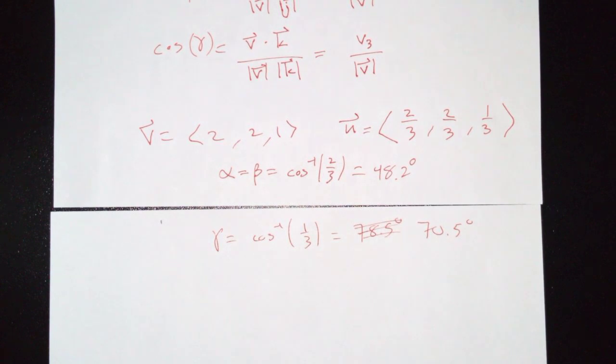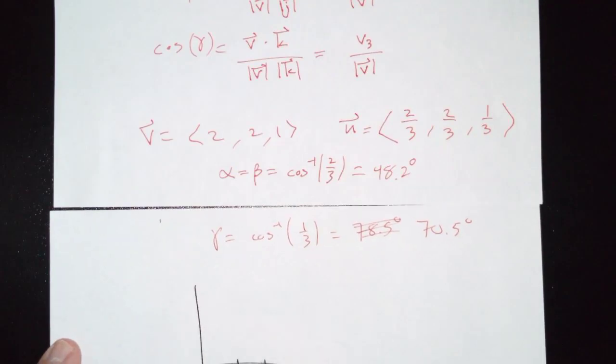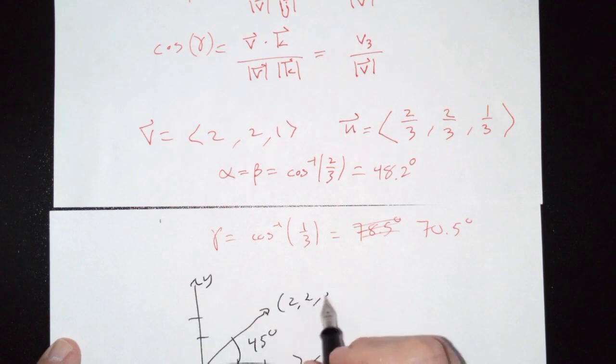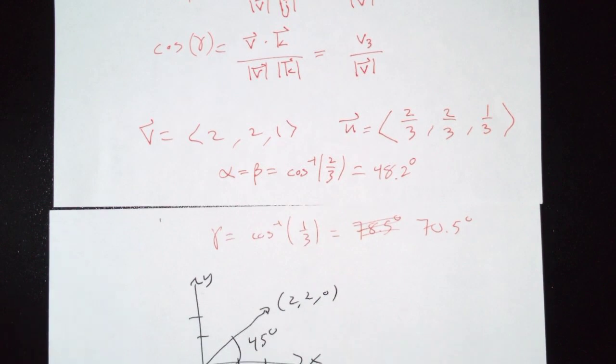It's a little bit bigger than 45 degrees. Okay, so 2, 2, 1, right? So 2, 2, if it was flat, that would be exactly 45 degrees, wouldn't it? Because in the x and y direction, this is 45 degrees, right? But now I've got to come up.